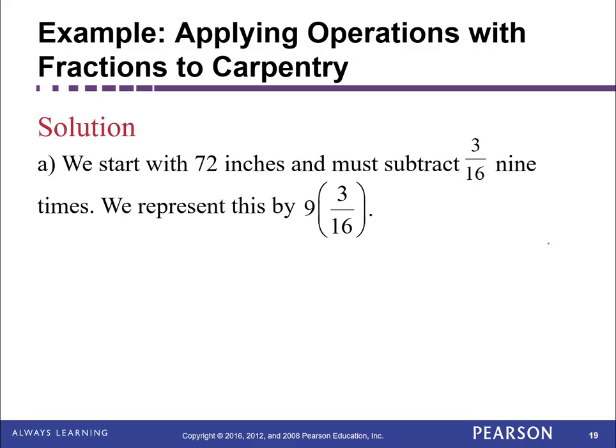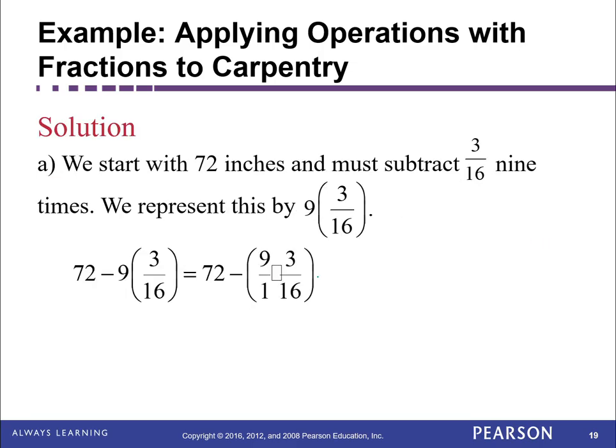So our first setup here is going to be 72 minus 9 times 3/16. Okay? So what I'm going to do is represent this as 2 multiplied fractions here. I'm going to change that 9 into a 9 over 1, and then essentially all we're doing here is multiplying. Okay? That's going to give us 9 times 3, which is 27 over 16.